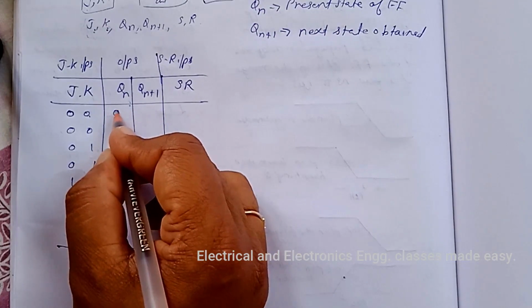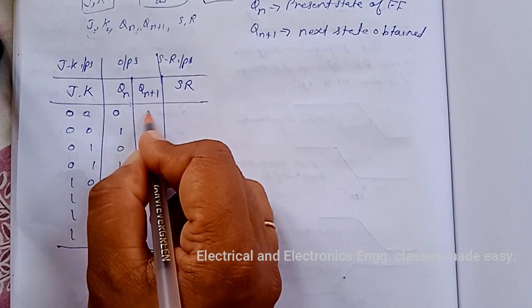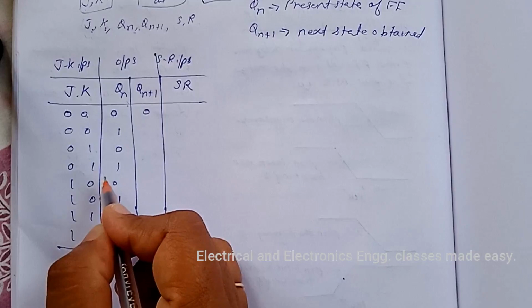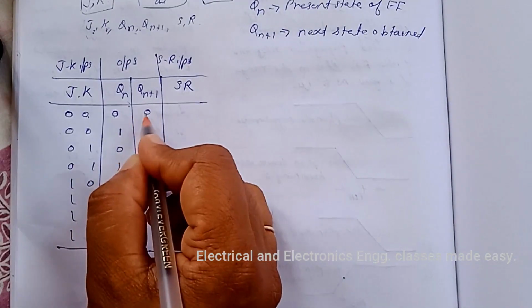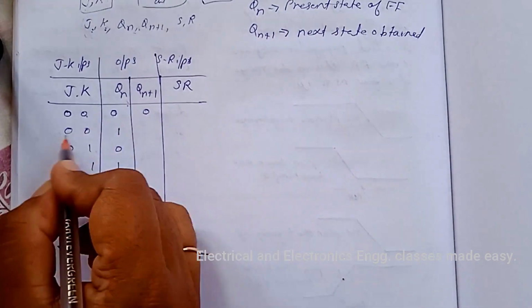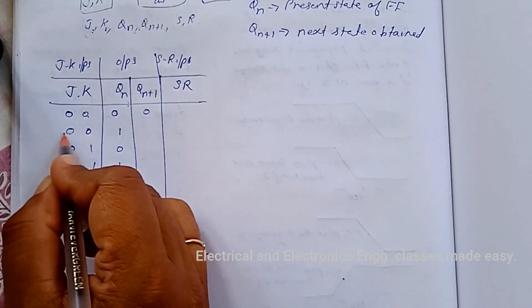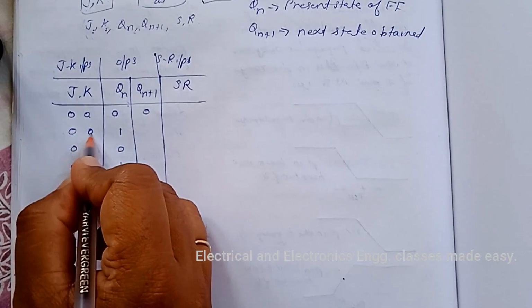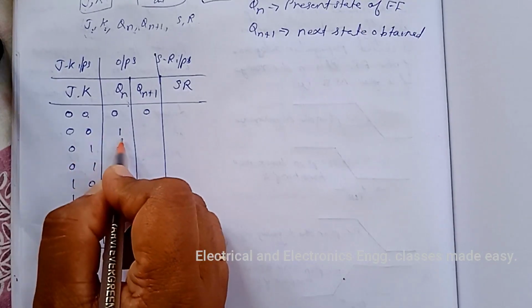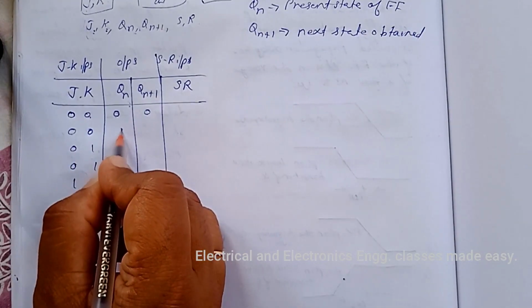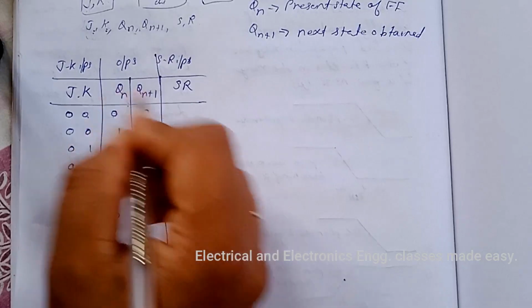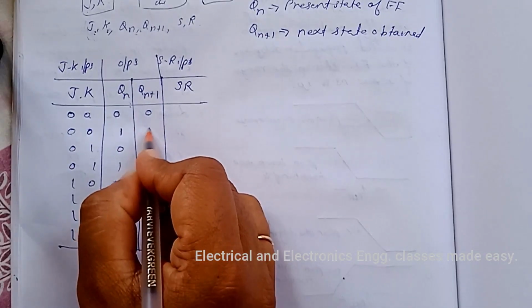No change means here the present state is 0, so the next state will be 0. Next is 00 with present state 1. 00 as the input of JK means no change to the output, that is, here the output is 1.